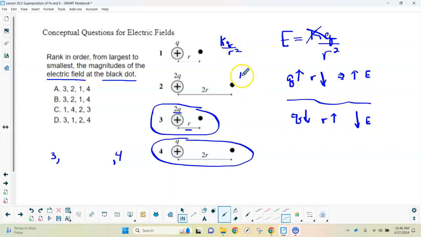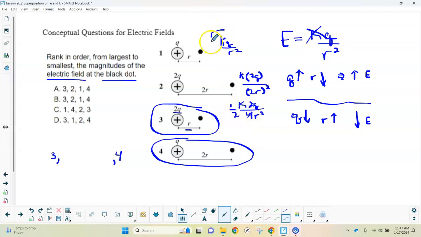And for this one, it would be k 2Q over (2r) squared. If I simplify this out, it's going to be k 2Q over 4r squared. So if we group the numbers, 2 and 4 gets you a half.